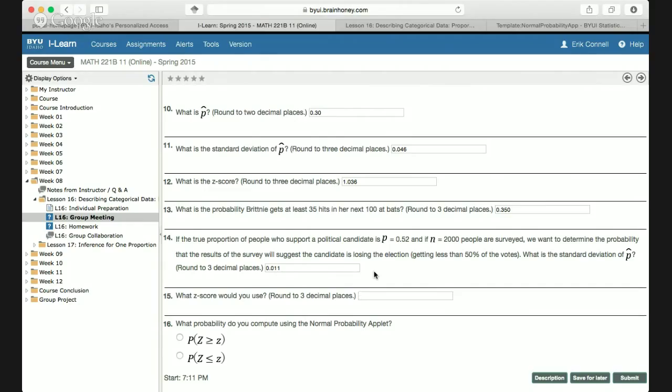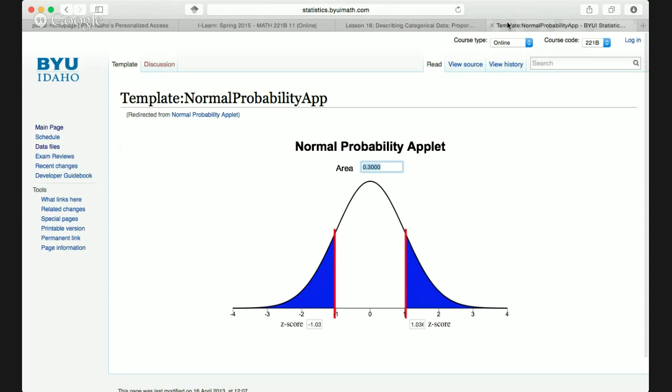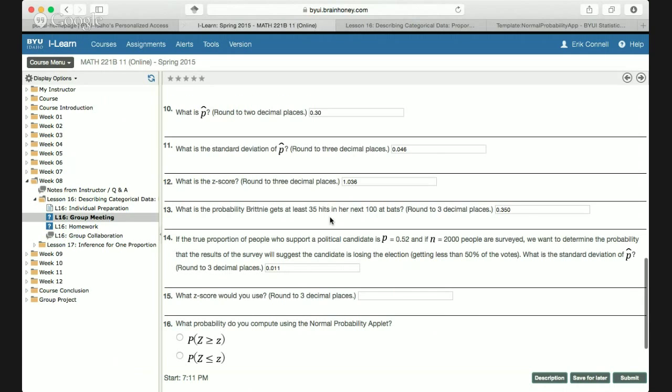Okay, what z-score would you use? So we have a p of 0.52, which gives us a z-score of 0.643. Okay. And what probability do you compute using the normal probability applet?